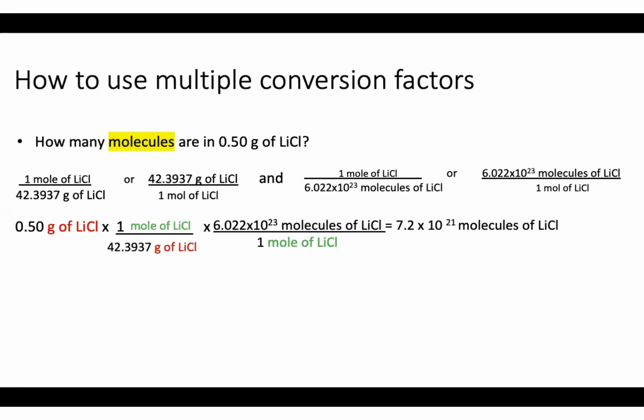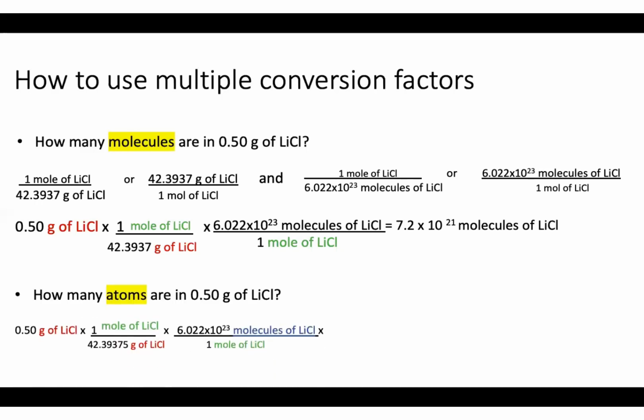There is another question that I will for sure give in the exam, so please follow me on this question. How many atoms are in 0.50 gram of lithium chloride? I have 0.50 gram here, so it is not in moles. I should convert it to a mole. I start with the given number, and I should use conversion factor number 3 because it's a compound.